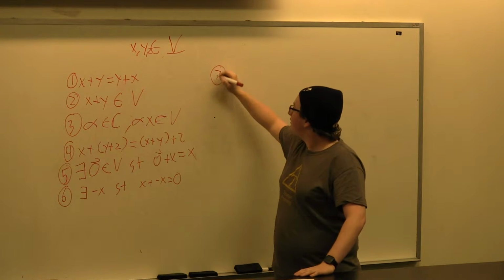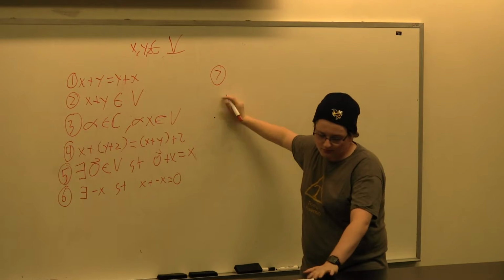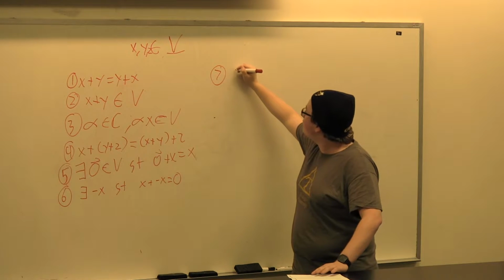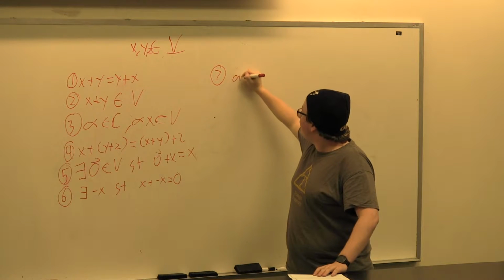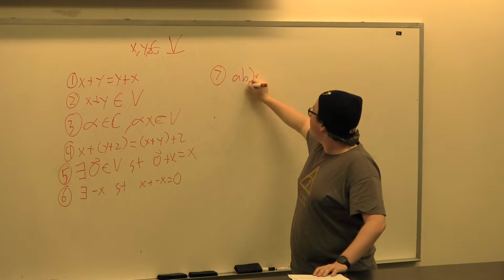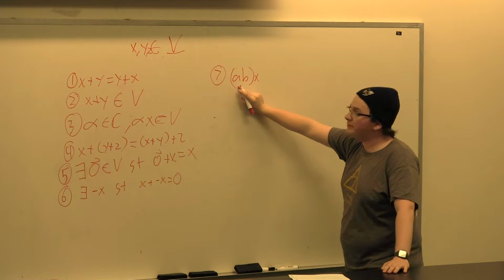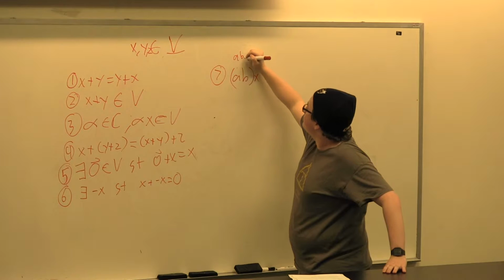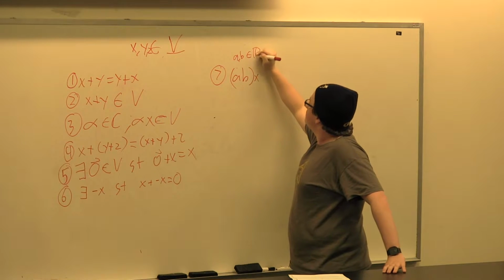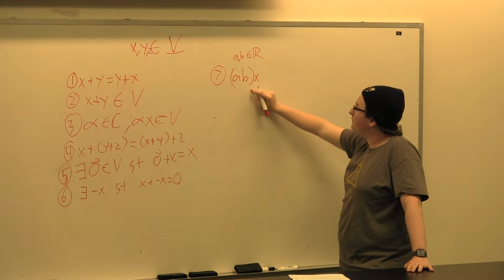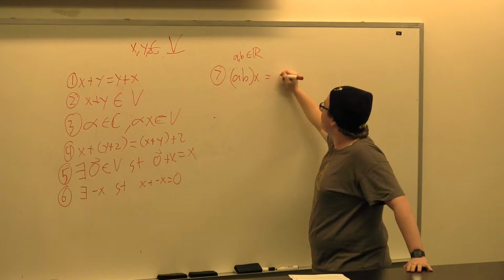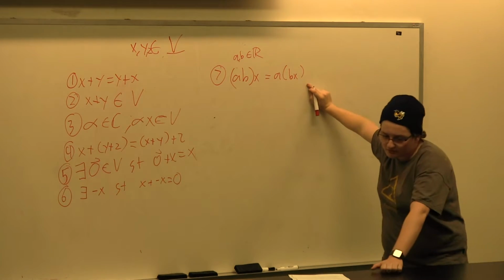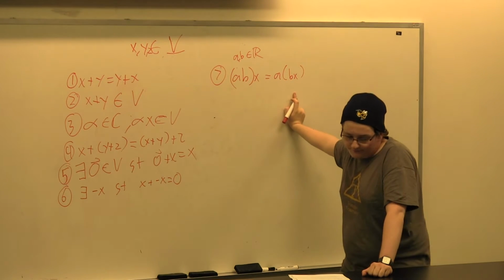7. If A and B are scalars, then AB times X is equal to A times BX, so scalar multiplication is associative. 8.